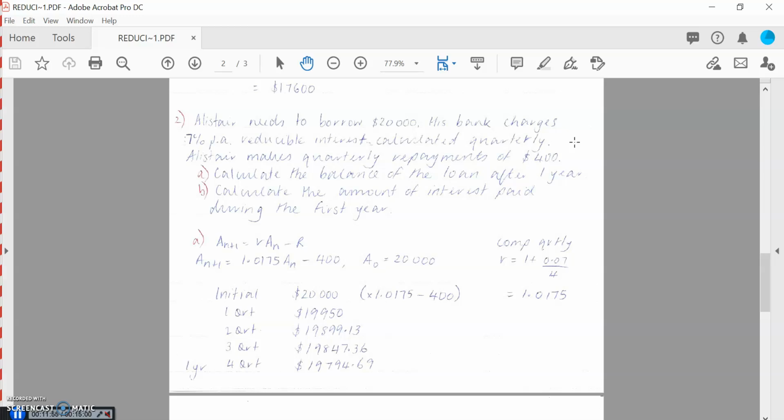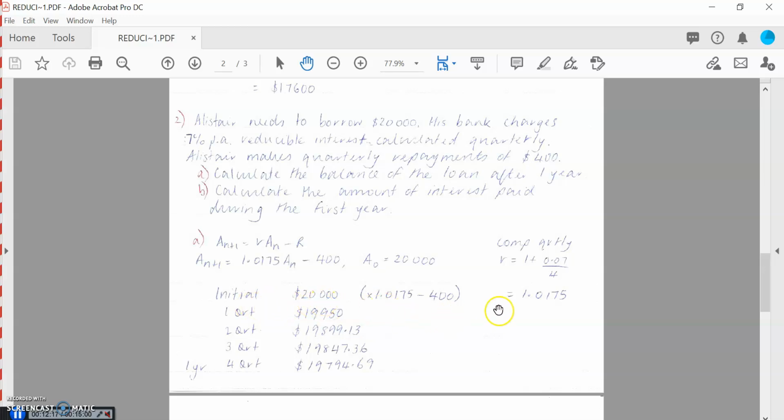So we're going to use our knowledge of our recurrence relations here. I've set up our recurrence relation for this loan. It's compounding quarterly, so I've got my R value of 1.0175 times A_n minus my payments of $400, and my initial value is $20,000.